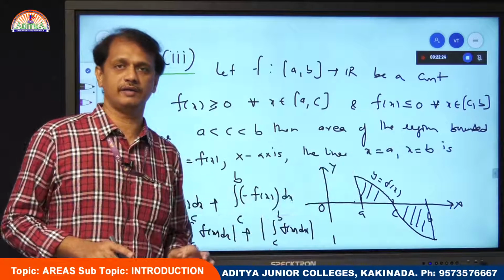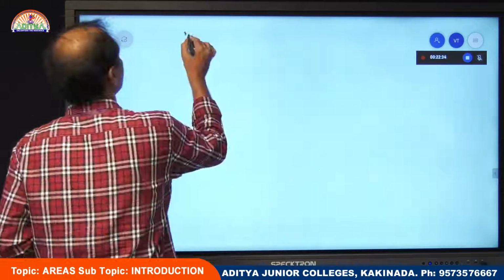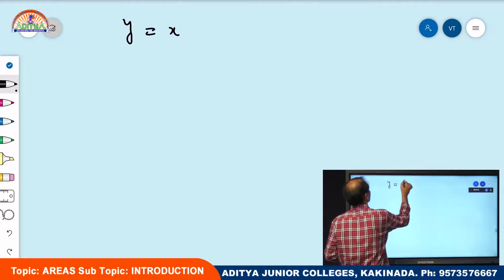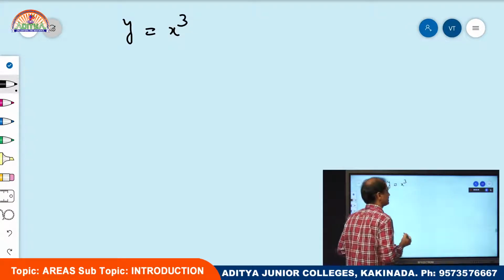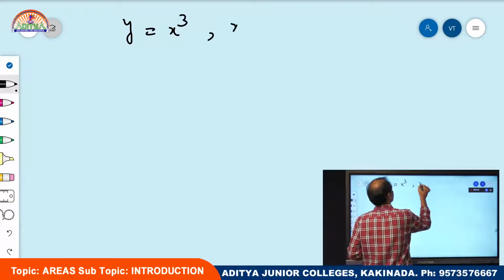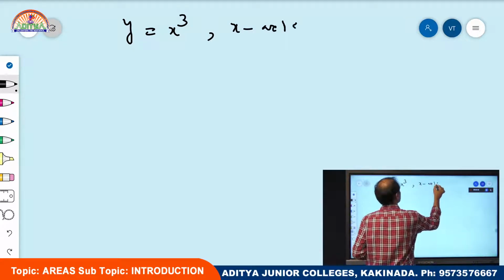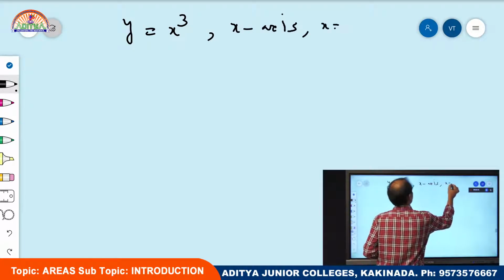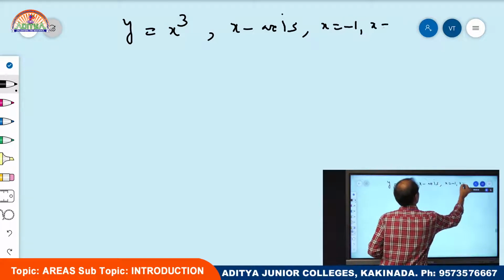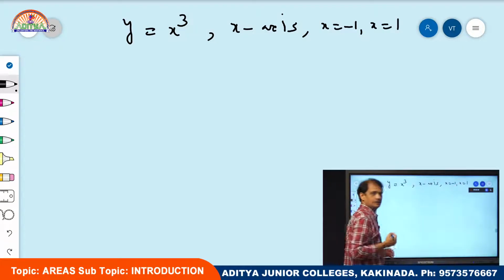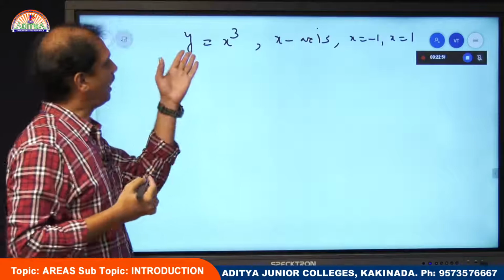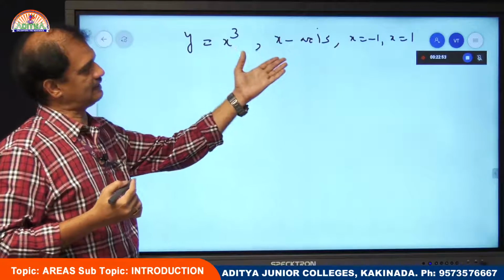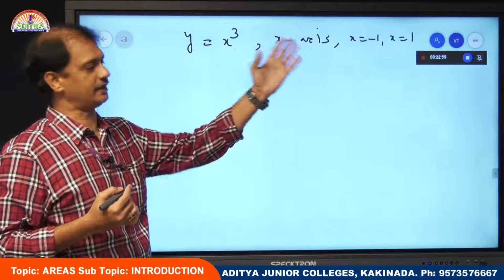Okay, now I am going to give an example for this. See here, I am considering y is equal to x cube, the x-axis, and the lines x equal to minus 1 and x equal to 1. That means the region bounded by the curve y equal to x cube, the x-axis, x equal to minus 1 and x equal to 1.